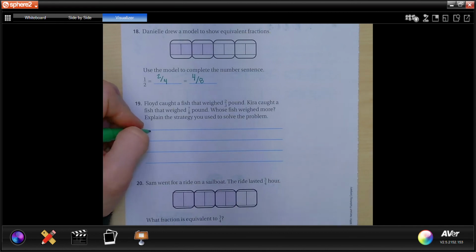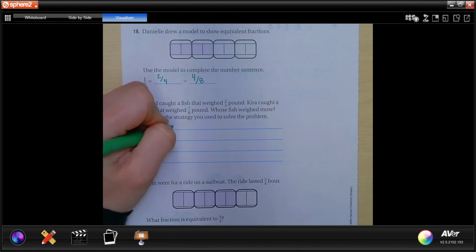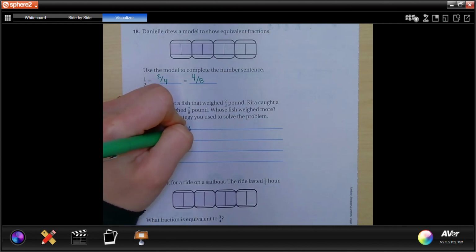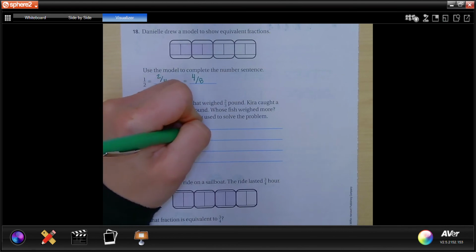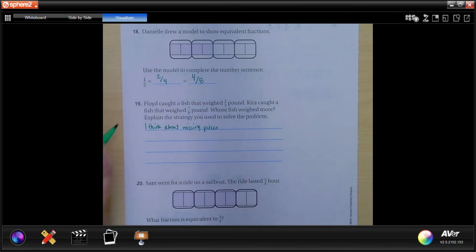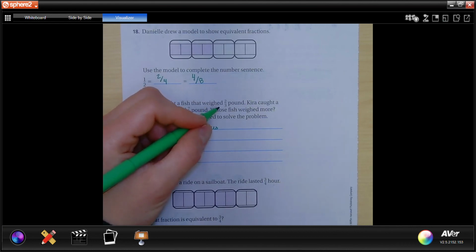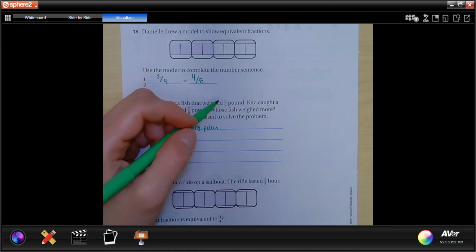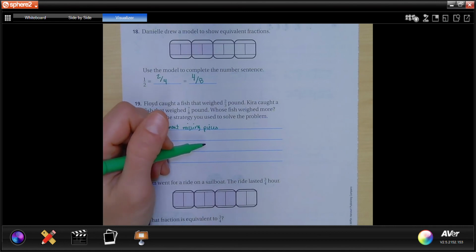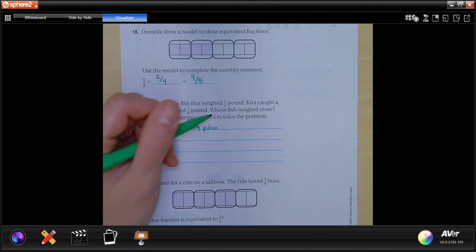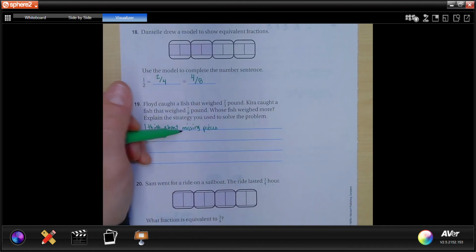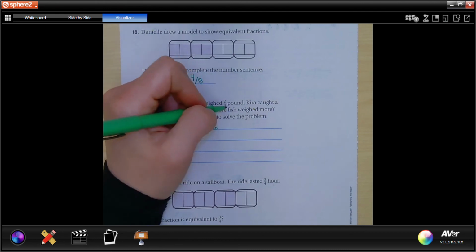Missing pieces. So missing pieces from 2/3 is 1/3. So missing pieces from 2/3, you have 1 left, right?